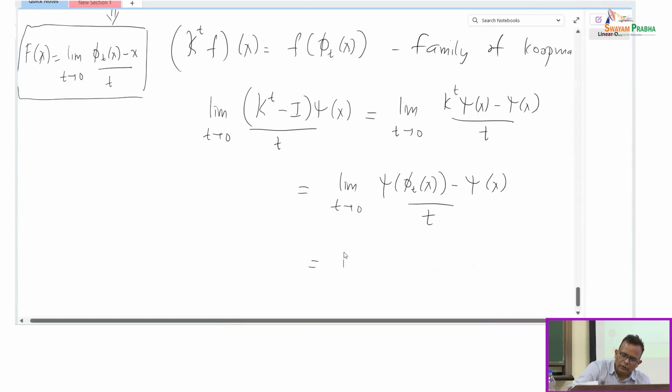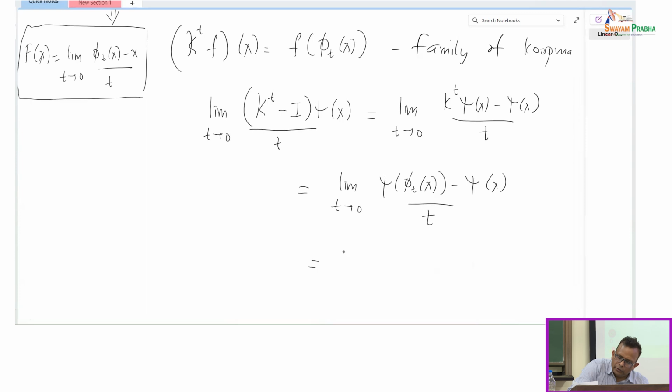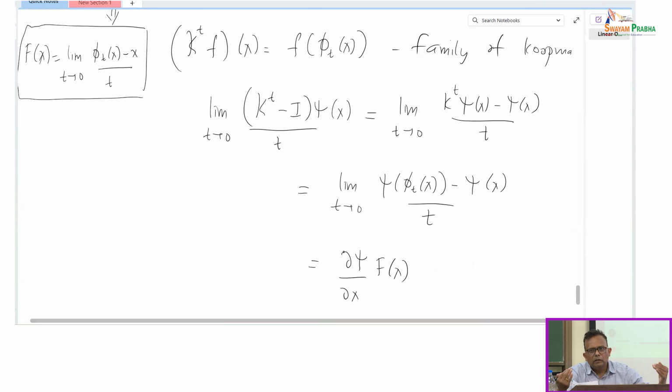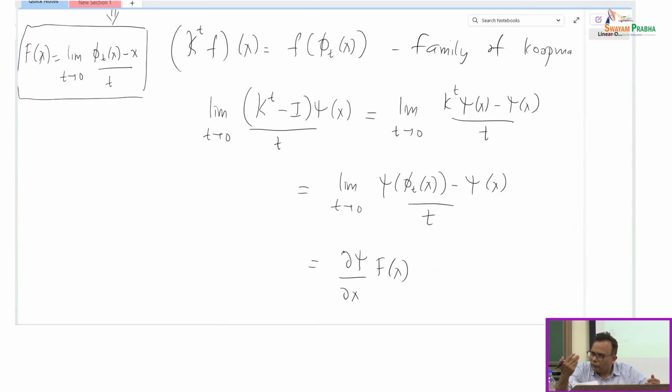Some people use one notation, some use another. I'll write both of them. This is nothing but partial psi partial x times f of x. Partial psi partial x by convention is a row vector, f of x is a column vector, so this is a dot product. Or you can also write it as f of x dot gradient of psi.